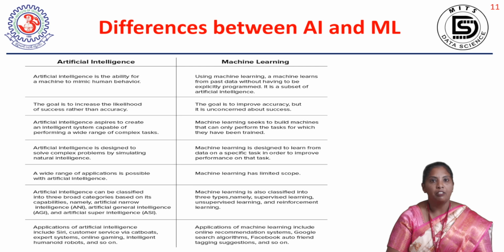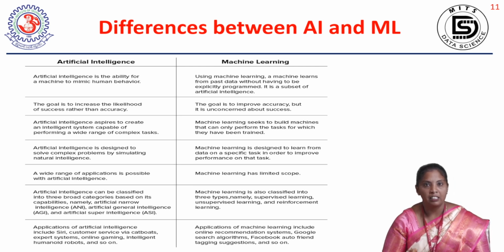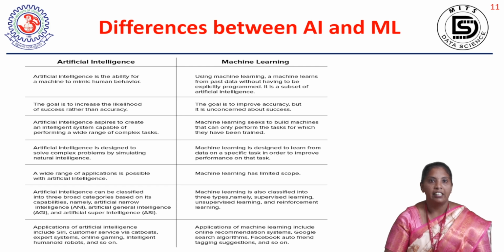Next one, the artificial intelligence goal is to increase the likelihood of success rather than accuracy, but the machine learning goal is to improve accuracy and it is not concerned about success. Next one, artificial intelligence aspires to create an intelligent system capable of performing a wide range of complex tasks.